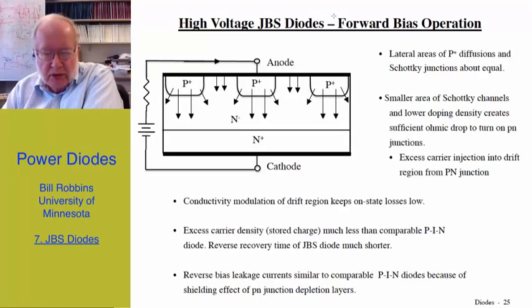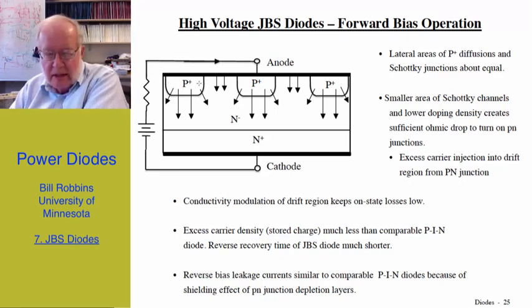In high voltage JBS diodes in forward bias, the lateral extent of the P regions and the Schottky regions are about the same. In other words, we've made the P plus diffusions wider than in the low voltage applications.